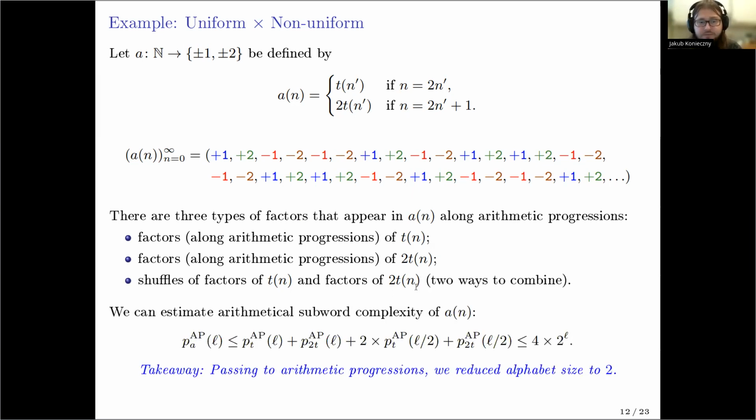So at the end of the day, if we just combine all those cases together, we will conclude that the arithmetical subword complexity of A is bounded by some reasonably small multiple of 2 to the L. And the key notion that I want to take away from this example is that we started with a sequence that had an alphabet with 4 letters, but restricting to arithmetical progressions, we reduced the considerations to just looking at sequences on alphabets of size 2.